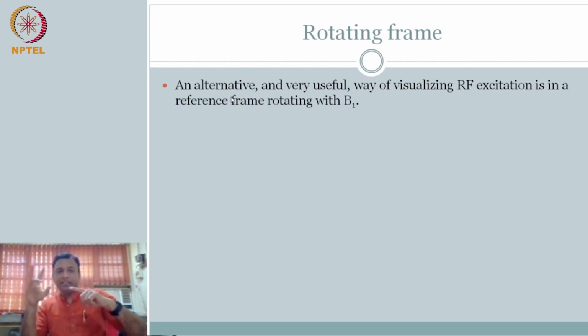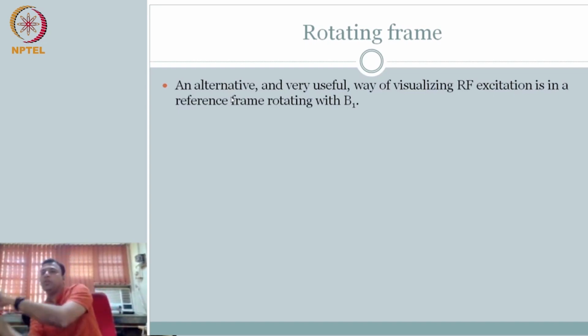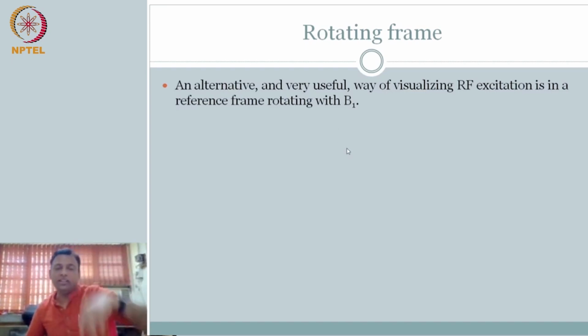To describe this is going to be difficult. It will be easy if I sit on this motion, then I don't care about this one. All I see is it is going to go down. So that is the rotating frame of reference. If you sit on the rotating magnetic field that you are going to apply, then you are moving with the magnetization vector.